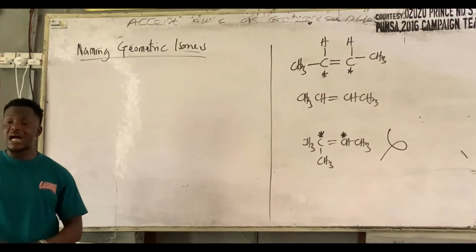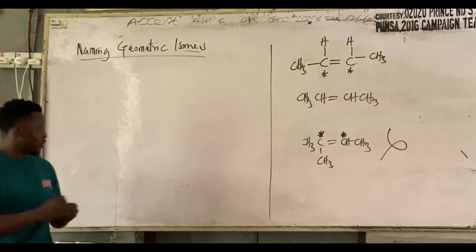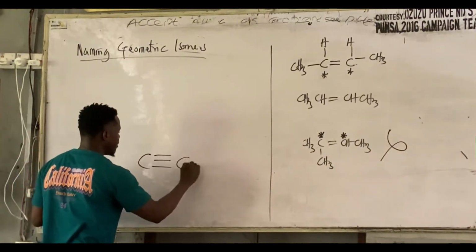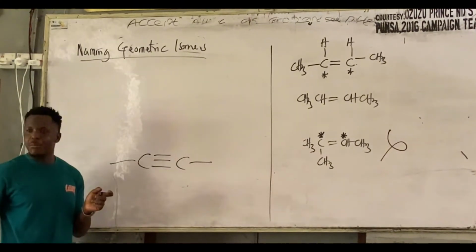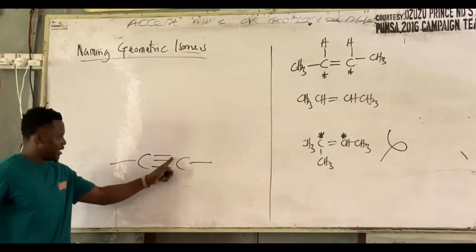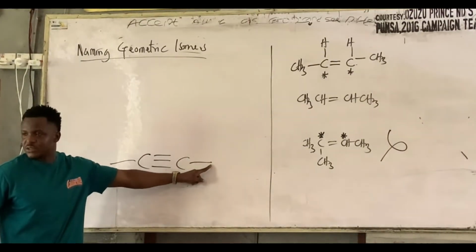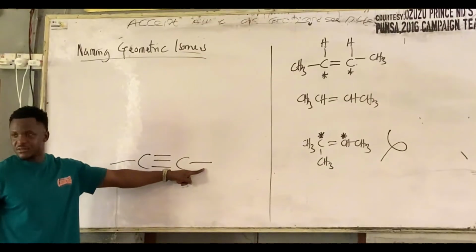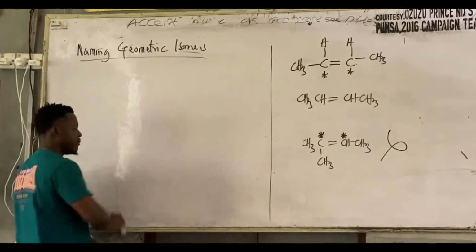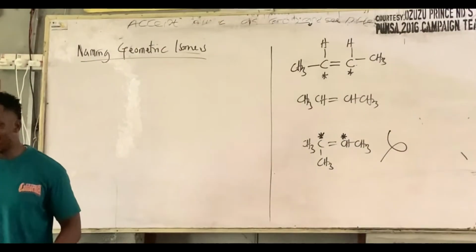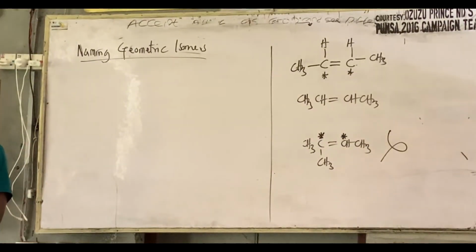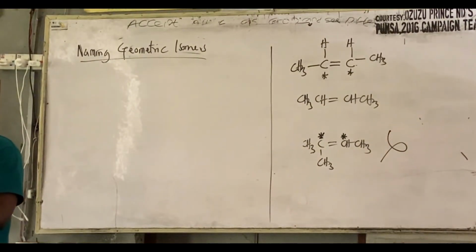But the triple bond can only have one substituent. Because carbon can have just four bonds, right? One of them is taking three already, leaving us with just one. So this cannot exhibit geometric isomerism.